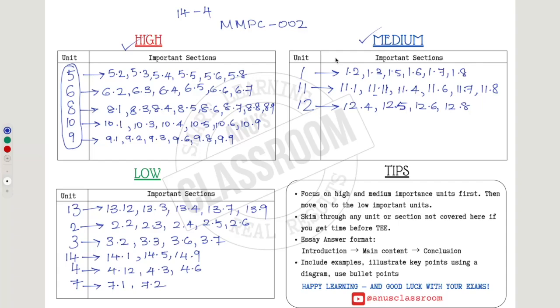If you don't have enough time, at least read through it so that you have a general idea of whatever is being covered in them. So that in case tomorrow when you appear for your term end examination, if you get a question, you should know what to write. At least something here and there you should be able to write. At least 5 or 6 marks we should be able to get, if not all 20. Correct? So that is our aim here.